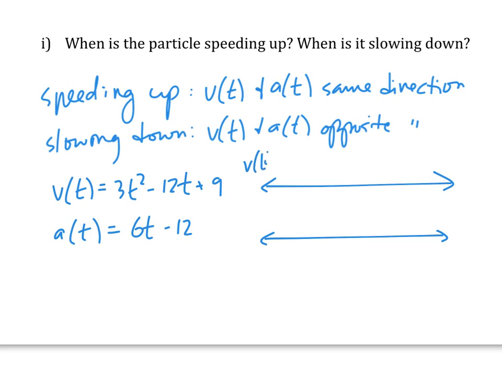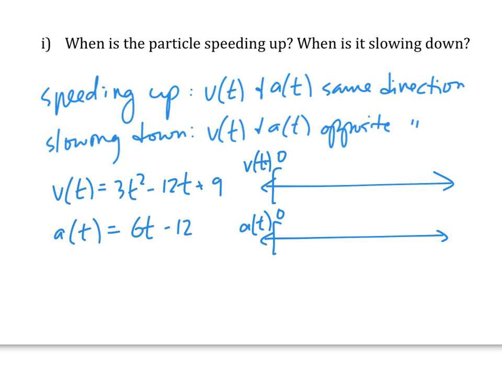So what we want to do is draw two sign charts. One for V of t, and the other one for A of t. We're going to start at 0 because at the very beginning of the problem, it says t greater than or equal to 0, so only for that interval.